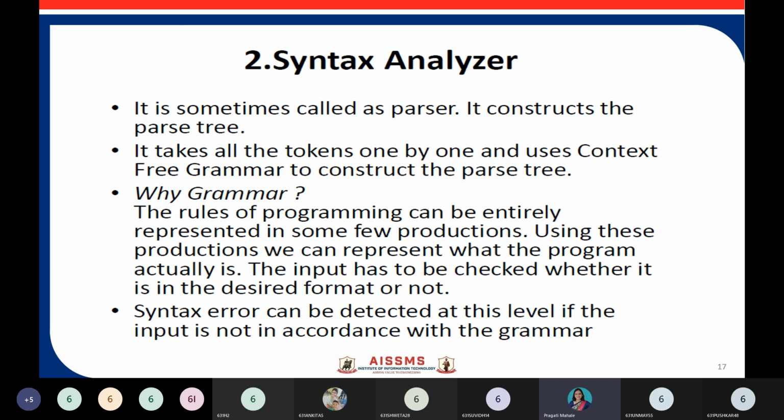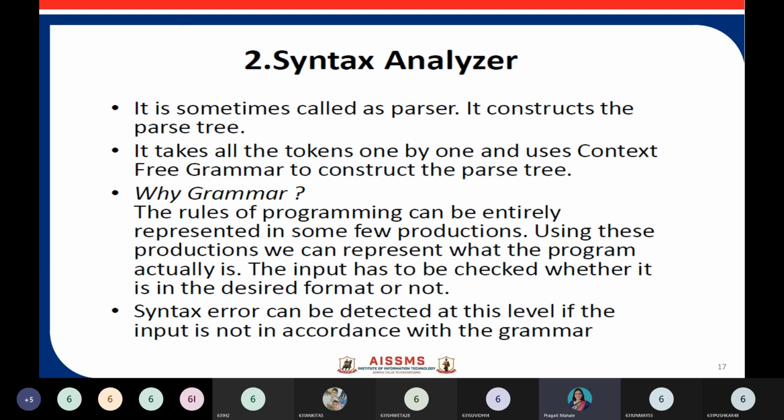So here a question you may ask is why we are using grammar. Because the rules of programming can be entirely represented in a few productions. We have seen we can write the expression given in our source code, that line. Suppose you have written some expression x = z + y.